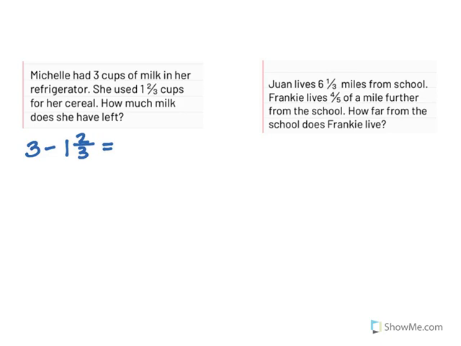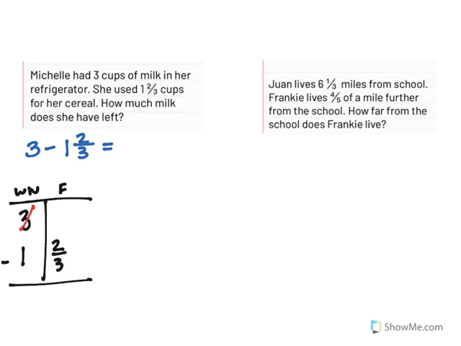Anytime we subtract, we got to set up our t-chart. So we have 3 minus 1 2/3. Now, I know when we subtract, we have to have something we're taking away from. I'm trying to take 2/3 away from nothing. I can't do that.